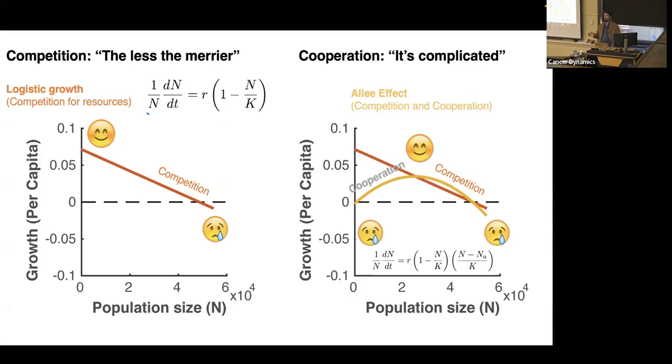This is a very common model of cooperation in ecology. It's called the Allee effect, where it's very similar to logistic growth, but you add a minimal population size. The ideal growth is in the middle, because if you go lower than that, cooperation becomes really inefficient because it's harder to find individuals to cooperate with. And if you go higher than that, competition and limited resources become limiting again, right?